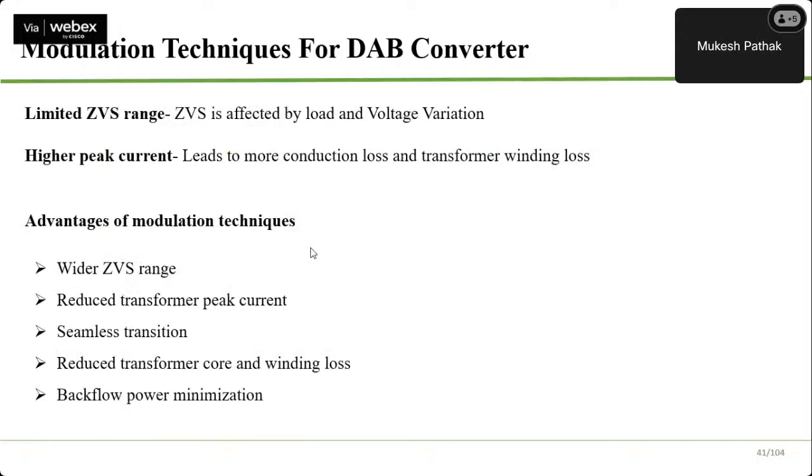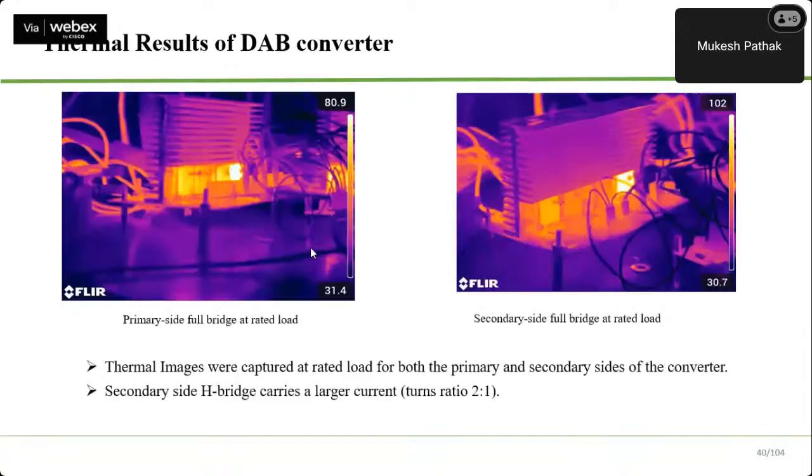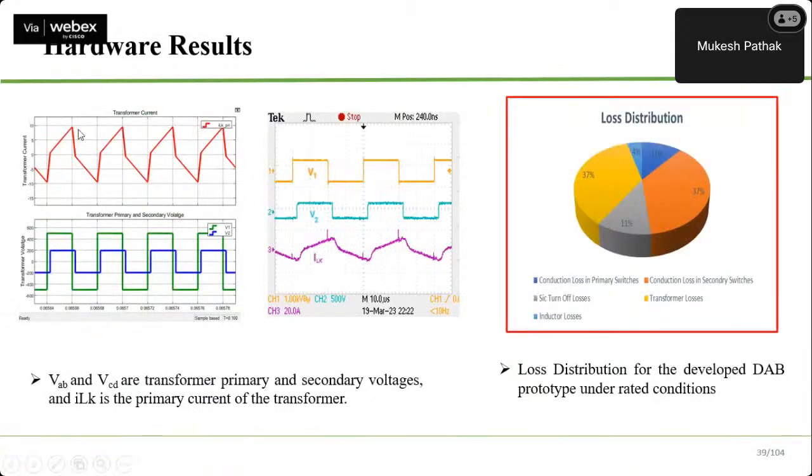The major issues that we are tackling are ZVS, how to achieve ZVS operation of this DAB converter over a wide range of output currents. As you can see here, the current in the transformer has spikes.